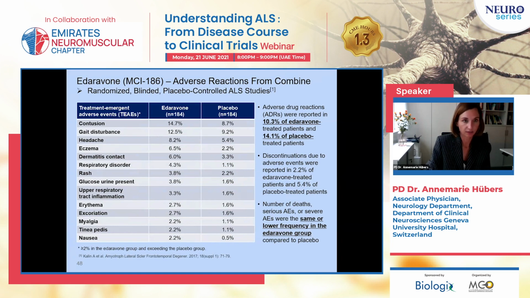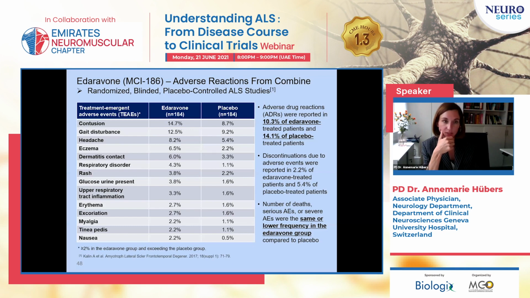Adverse reactions, again, coming also from the open label study. As I said, lots of adverse events related to normal disease progression. The study mentions contusion without really explaining, in my view, what this means.